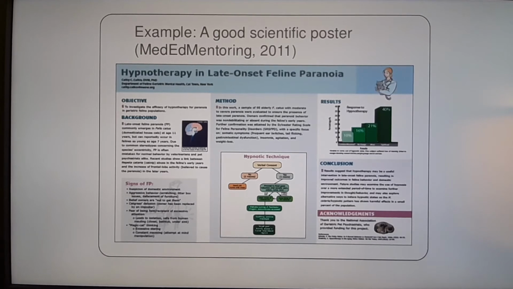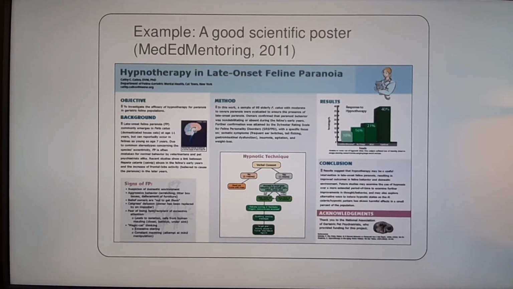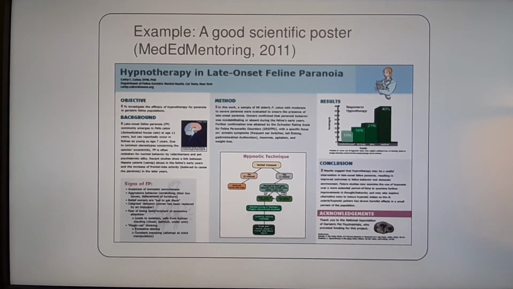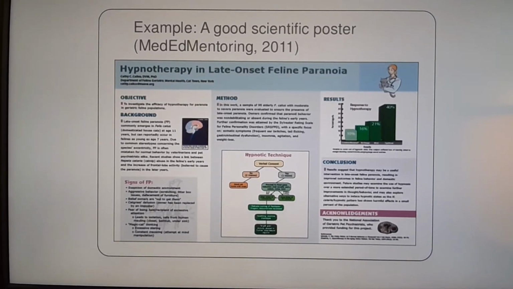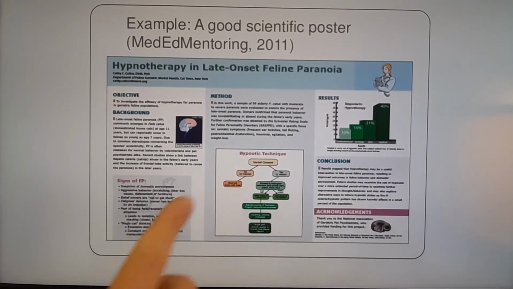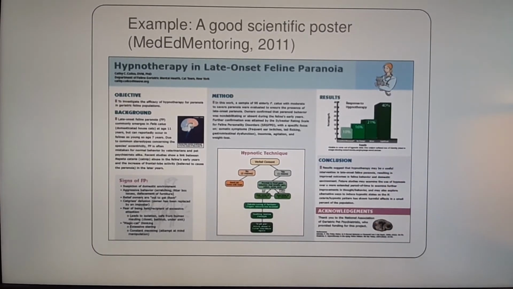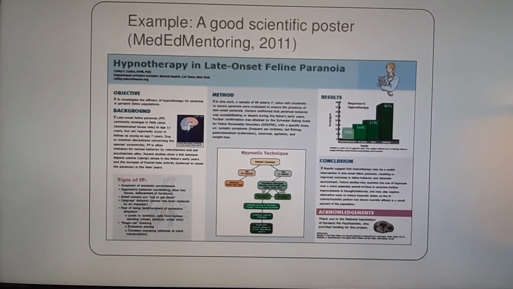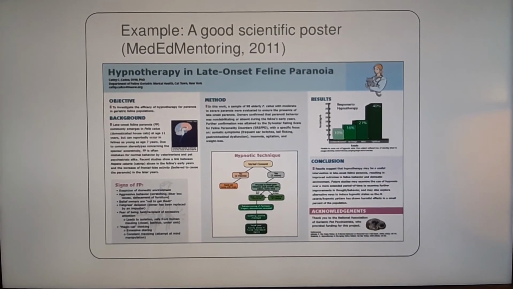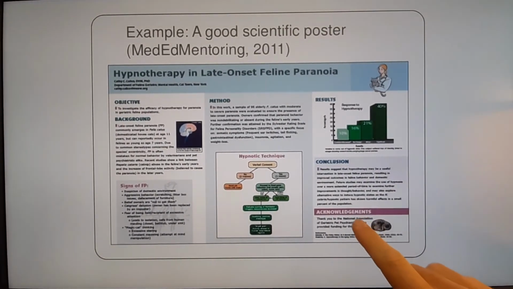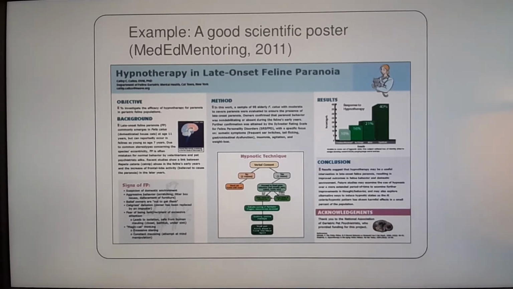Not bad. So here we're looking at a good one. It's very simple. This is the landscape, because we have 3 columns. We do have a conclusion this time. We do have an objective, which I'd asked for earlier, and we do have acknowledgement, and we have the references.